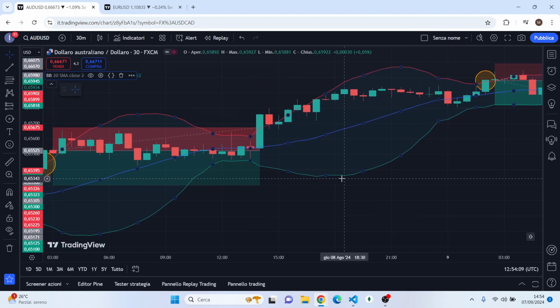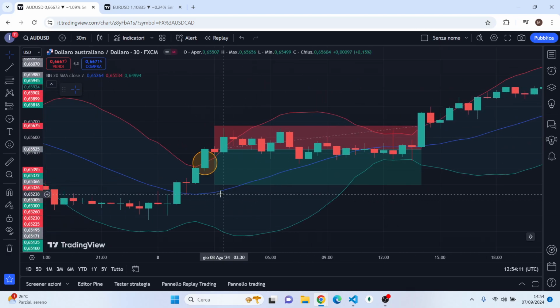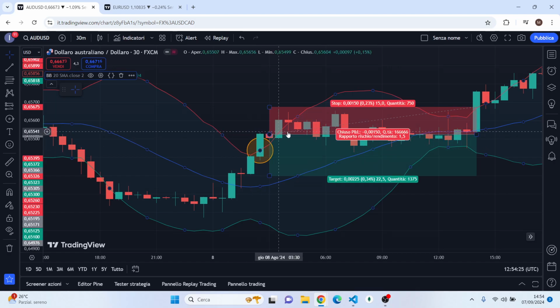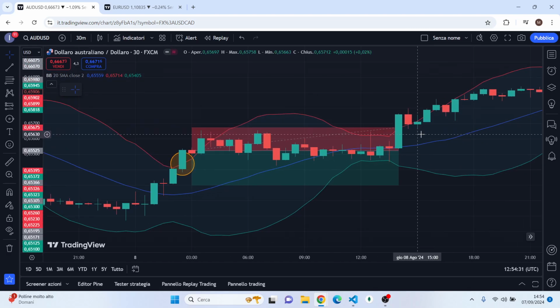Let's see a failed trade. In this case here, we have at least 15 candles that didn't touch the two lines of Bollinger Bands. Then a candle closes above the Bollinger Bands up and we can open a short position. In this case it was a fail, and that one was not a good trade.